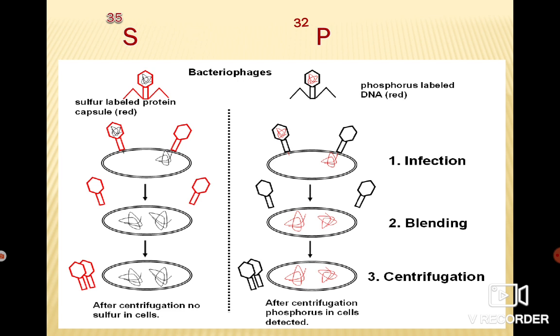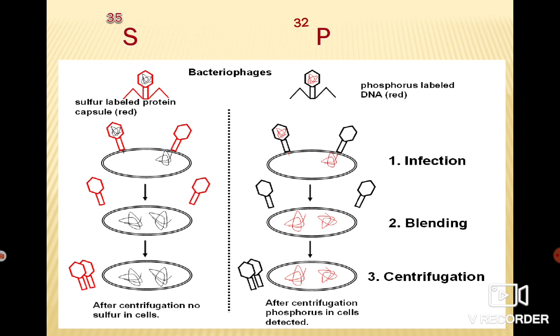Then there is centrifugation and the capsid is removed, and when the bacterial cells were observed in the first set of experiments, the bacterial cell is not radioactive, meaning sulfur is a component of protein and that protein remains outside, and phosphorus is a component of DNA.